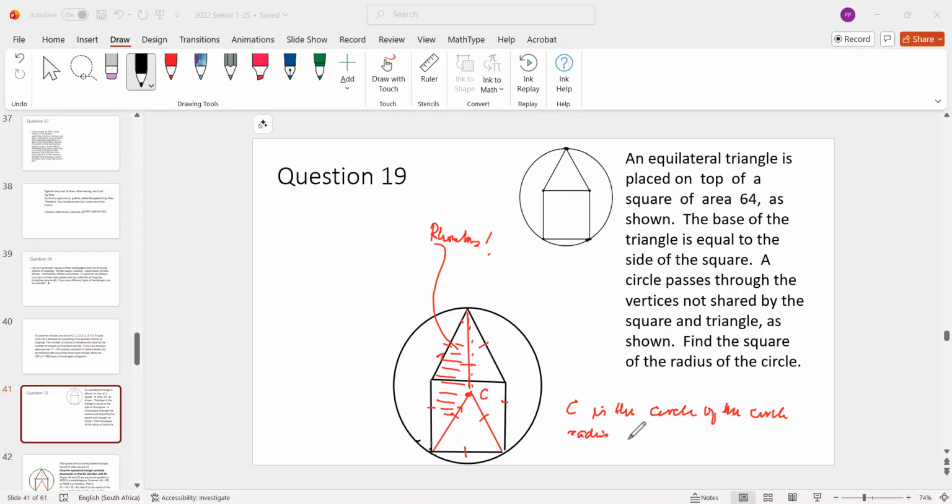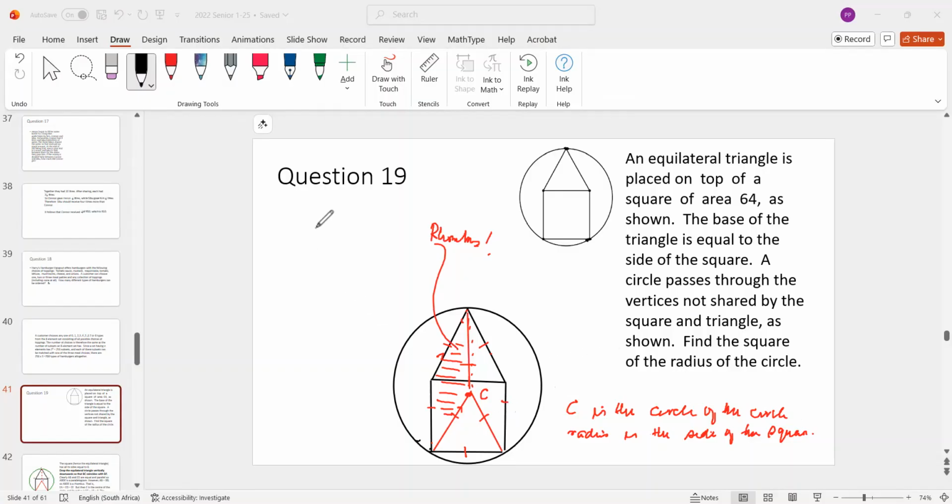Or the equilateral triangle. Radius is the side of the square. Or the equilateral, all these sides are equal. But I'm particularly concerned with the side of the square because they're asking for the square of the radius.